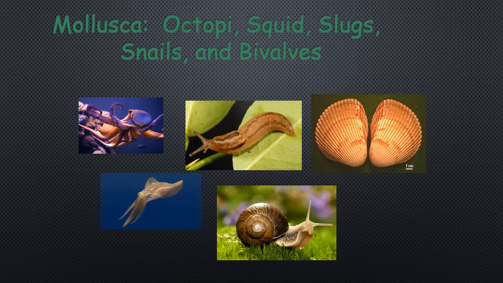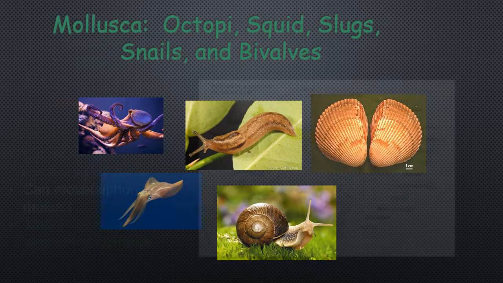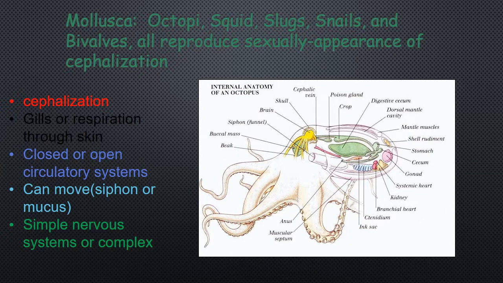Next, we have phylum Mollusca. This includes our octopi, squids, slugs, snails, and bivalves, which are like clams and oysters, things that have 2 shells. They have a separate head. They have gills that they can respire through, or they can exchange gas through the skin.